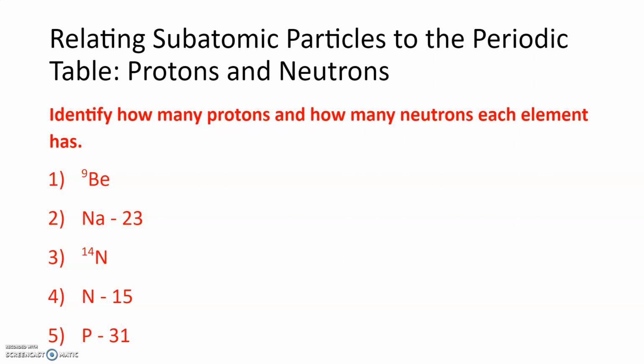Number 4 is also nitrogen, but it is nitrogen 15. Still 7 protons. 15 minus 7 gives us 8 neutrons. So this nitrogen has an extra neutron compared to nitrogen 14. Last, we have phosphorus. Phosphorus is number 15, so it has 15 protons. 31 minus 15 gives us 16 neutrons in phosphorus.